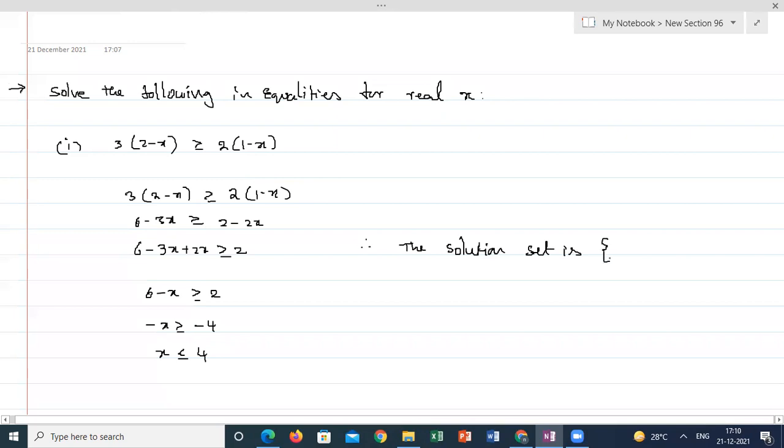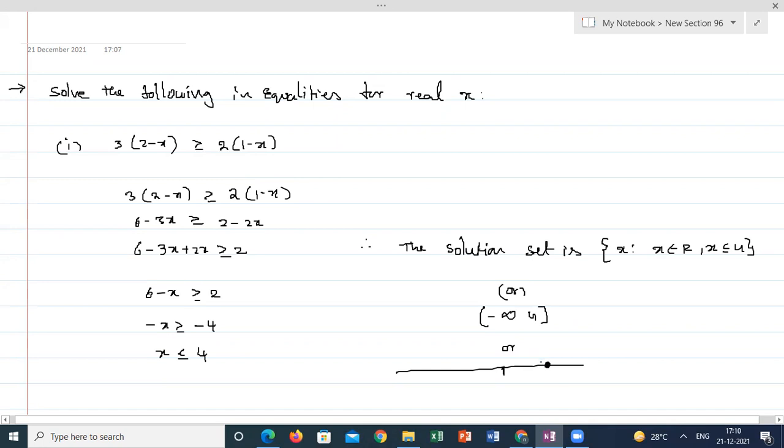Very simple question. The set of x such that x belongs to real numbers, x less than or equal to 4, or you can mention minus infinity to 4 closed interval, or on the number line we can mention this is 4.